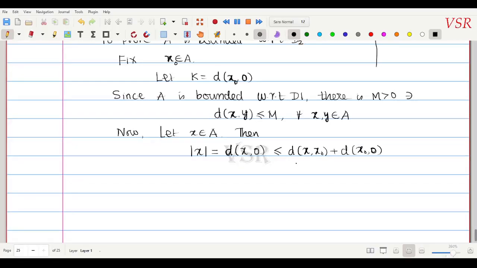Note that this is less than or equal to capital M, and this is equal to k, so this is less than or equal to capital M plus k.